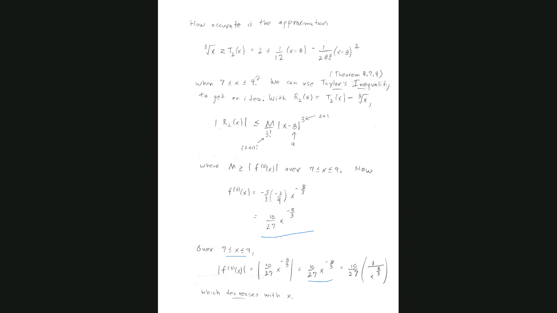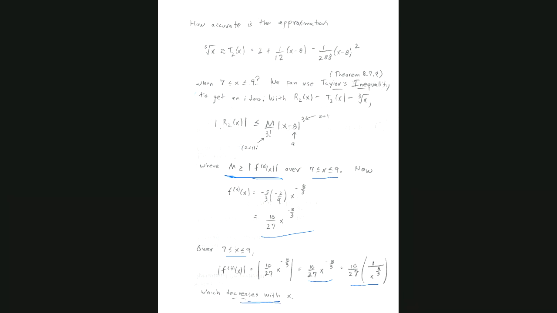But the key here again is we need to figure out what M is, right? Based on this criteria, you have to find out where your third derivative is maximized over your interval. And we computed the third derivative, which was 10/27 times 1 over x to the 8/3 power. But we note that the third derivative is a decreasing function with x.